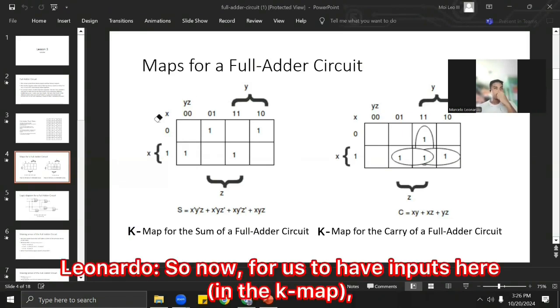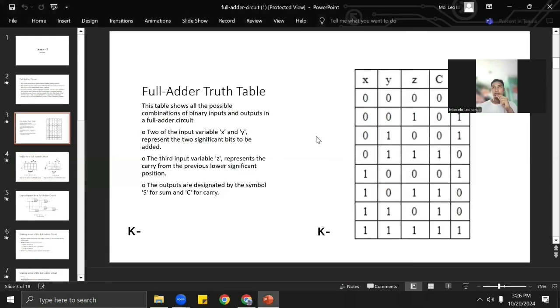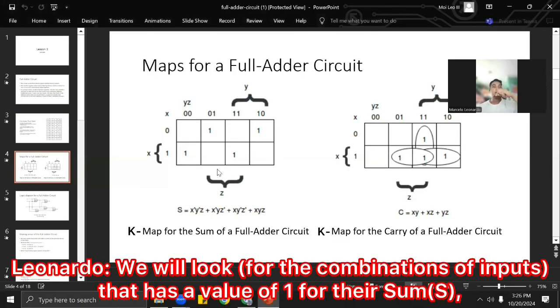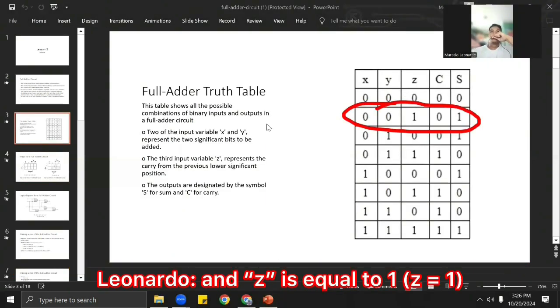Ngayon, karoon tayo ng input dito, i-base natin sa truth table. Hanapin natin yung may 1 sa sum, which is x and y is equal to 0 and z is equal to 1.